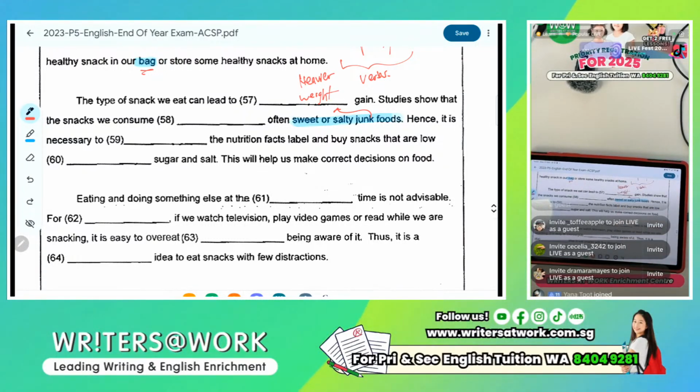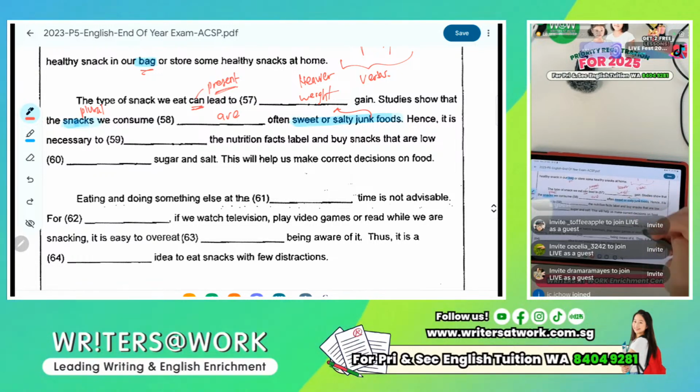Okay? And you can see here that the snacks you consume, which is plural, will be are. This is also in present tense, the previous sentence. So this is how I tell myself to be ready to change all my answers to present tense.